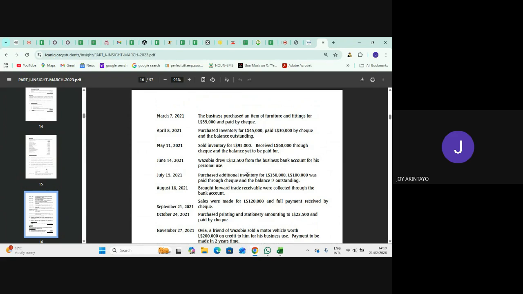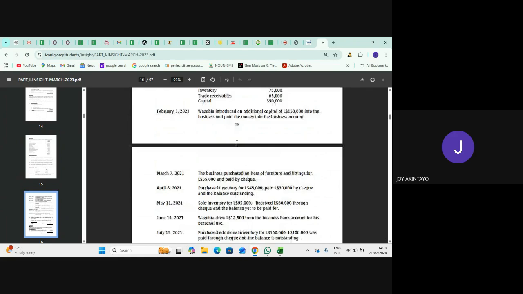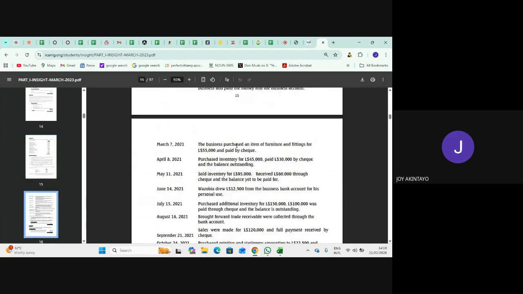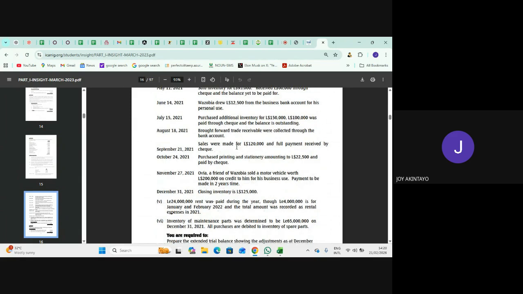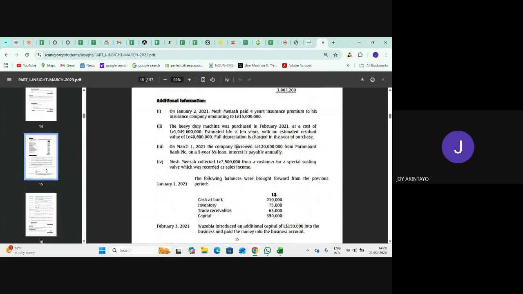Everything will take place on a cheque basis. So we are preparing bank accounts. The cash account has been given to us. So anything that relates to cash, do we have any? I don't think there is any adjustment for cash. Okay, let's move.